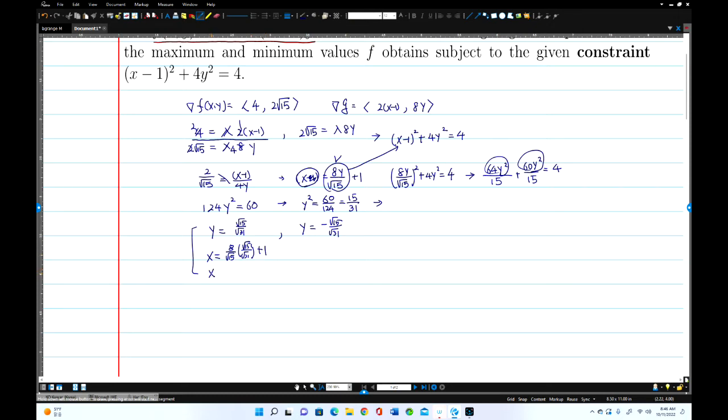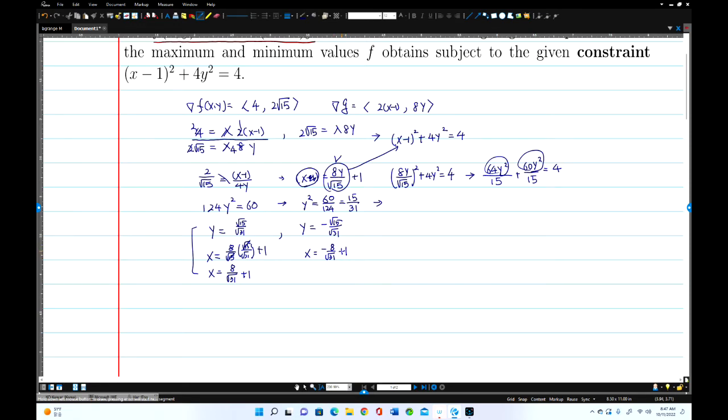The √15 cancels, we got 8 over √31 plus 1. That is the value of x. Second one, when y is negative, x must equal negative 8 over √31 plus 1.